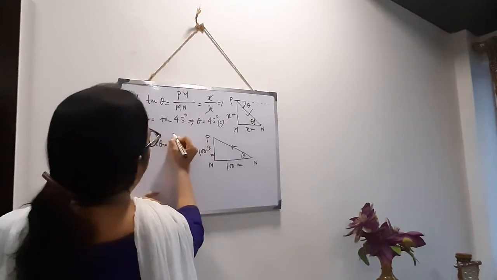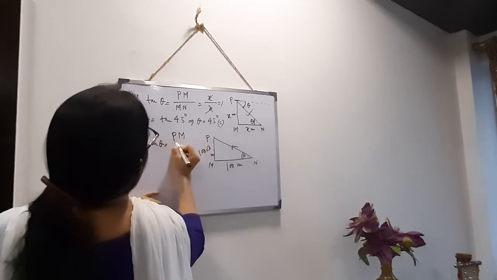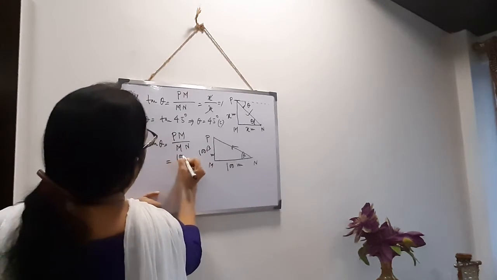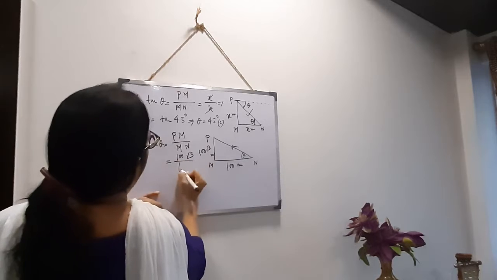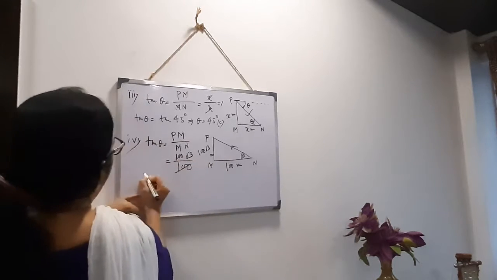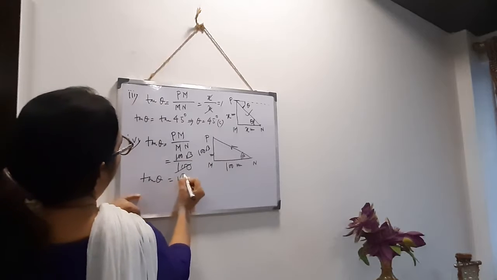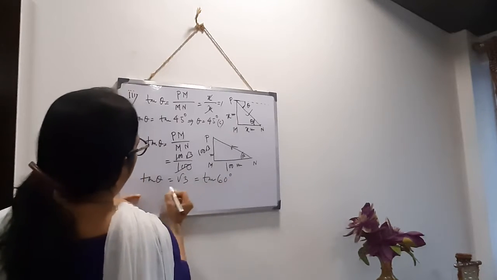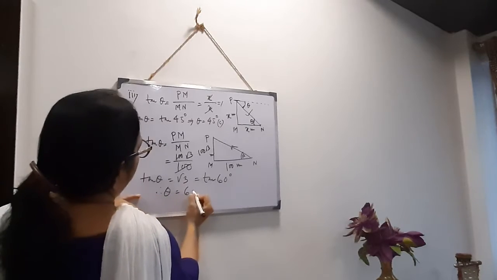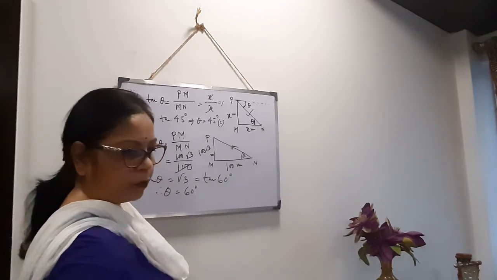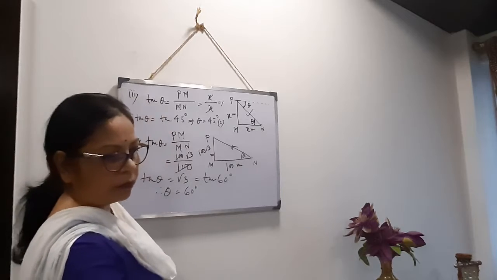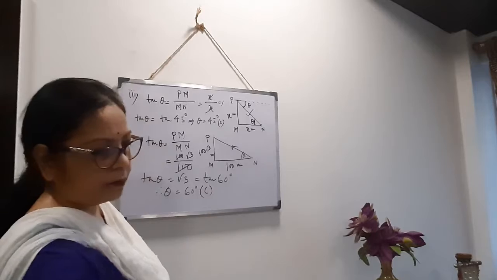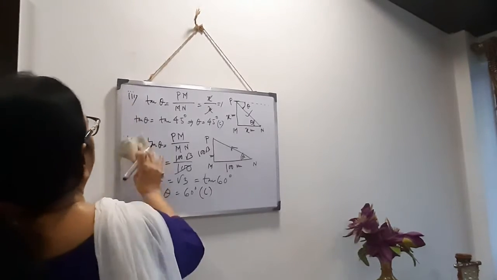Now here tan theta means PM by MN. So PM is 100 root 3 and this is 100, cancel. Therefore tan theta is root 3. You know the value of tan 60 is root 3. So from here it is coming 60 degree. So option is C. Clear? 60 degree. Now next one.